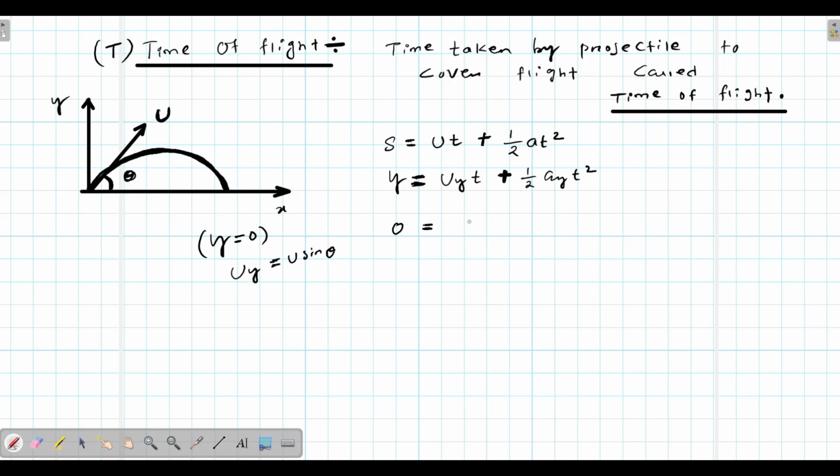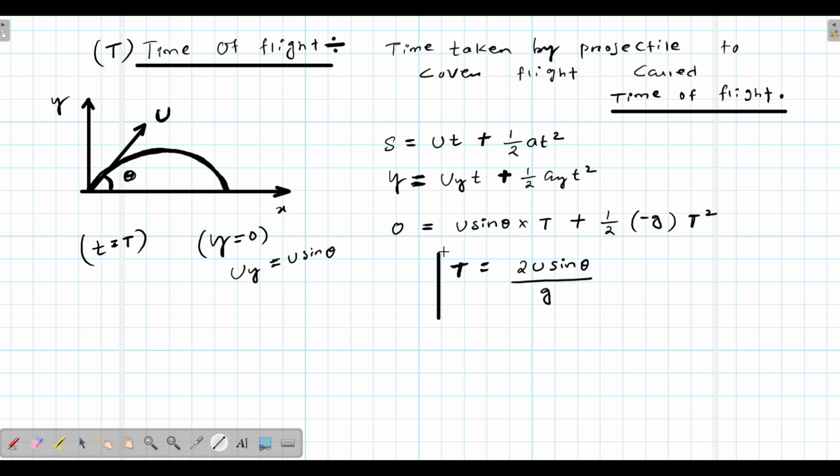So u sin theta into small t equals capital T, plus half ay, where ay equals minus g, into t square. After solving this, T equals 2u sin theta divided by g. That is the time of flight.